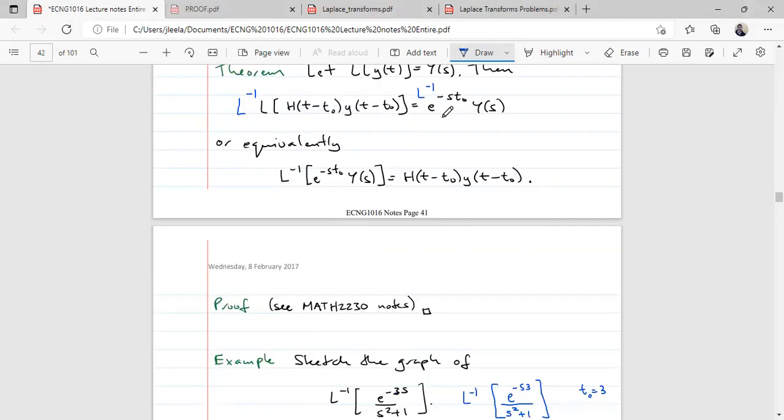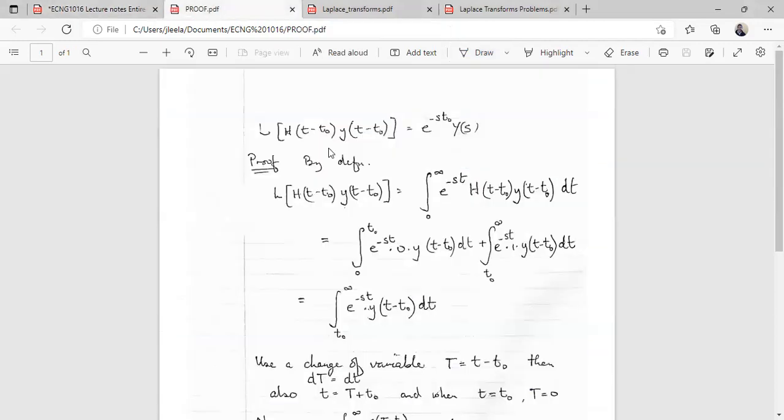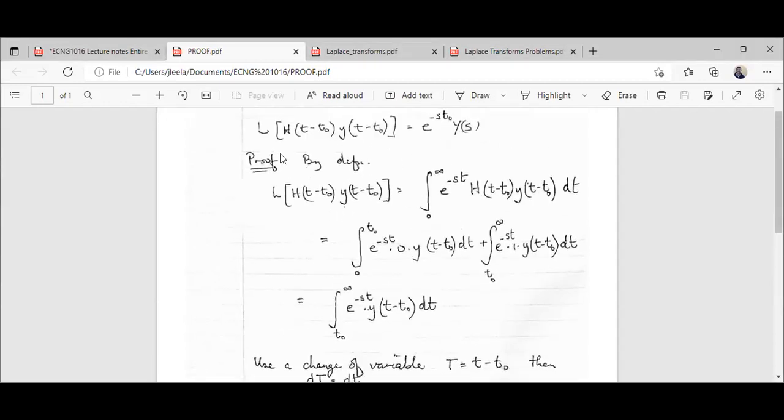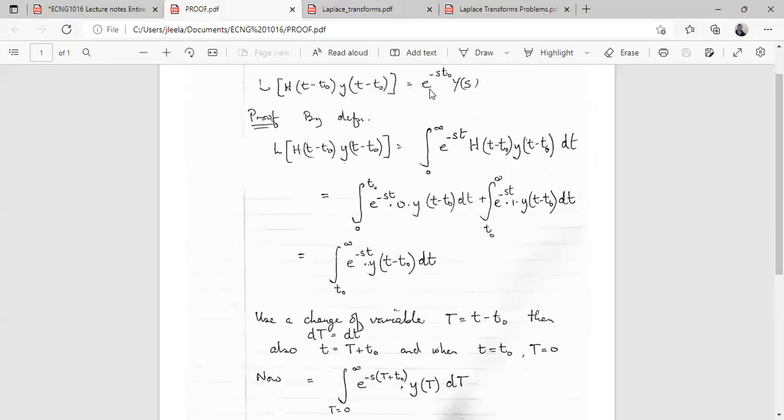So I promised you to look at the proof of this theorem, so let's look at the proof. L of h(t - t0) y(t - t0) is equal to e^(-s t0) Y(s).